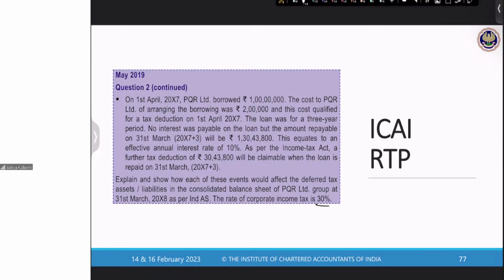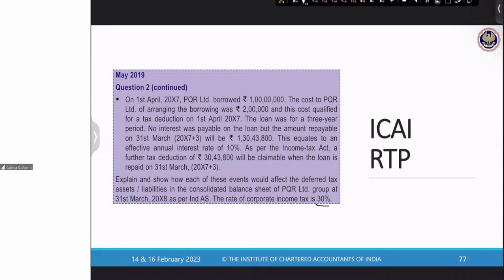This equates to an effective annual interest rate of 10%. As per the Income Tax Act, a further deduction of 30 lakh 43,800 will be claimable when the loan is repaid on 31st March 20X7 plus 3, after 3 years. Explain how each of these items would affect the deferred tax.